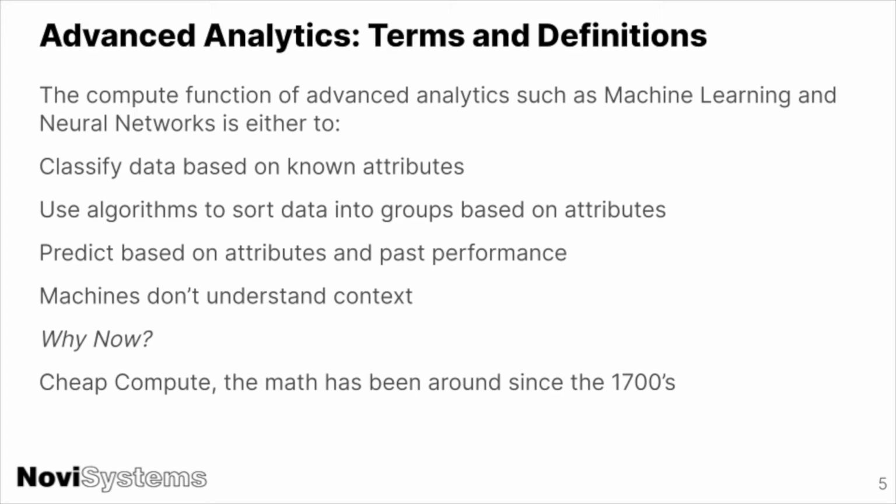Now I'm going to talk in generalities about what these things do. Well, the first is they can classify data based on known attributes. That is, we can look at it and say, well, if it contains X, Y, and Z, label it A. But if it contains A, B, and C, label it Z.